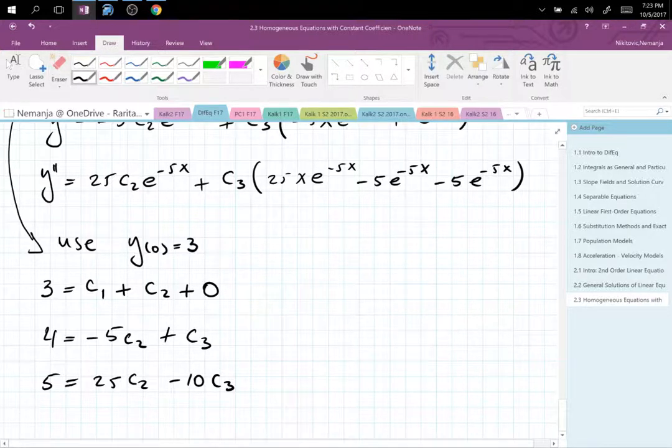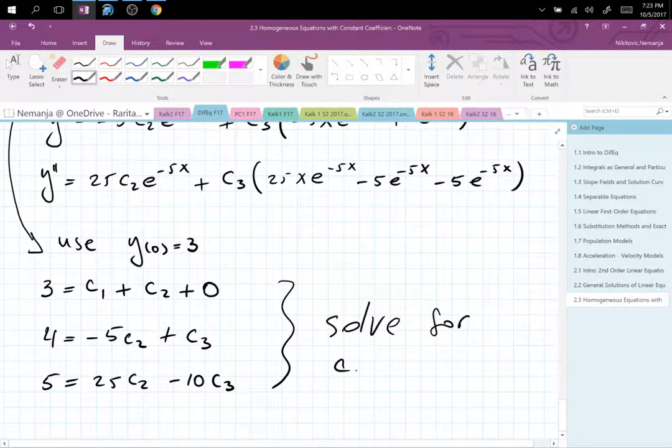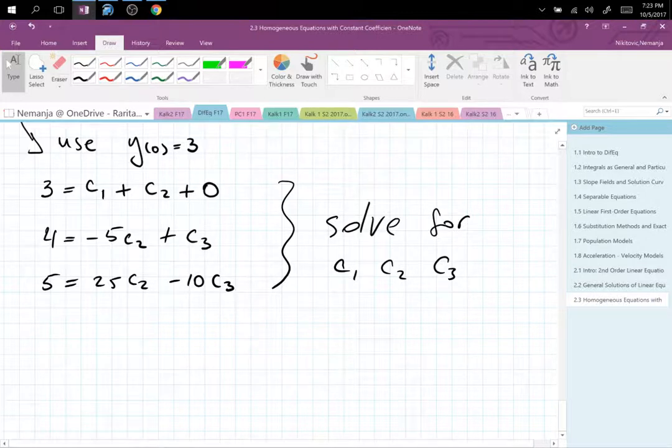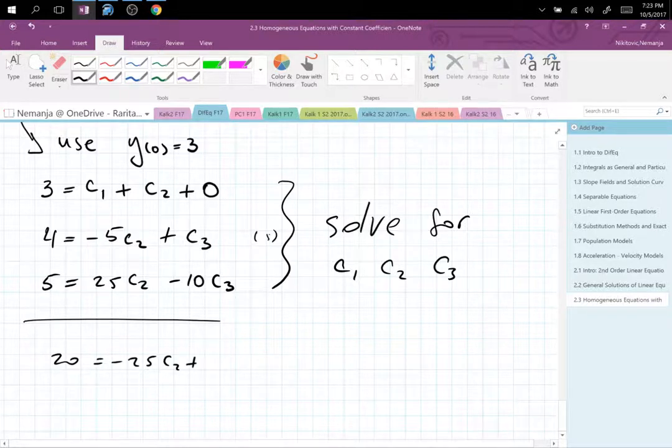So now I have these three equations. Solve for c1, c2, c3. Whatever method you can come up with to solve this is going to be good. So we take the bottom two equations, times 5 on this equation. That gives me 20 equals negative 25 c2 plus 5 c3.